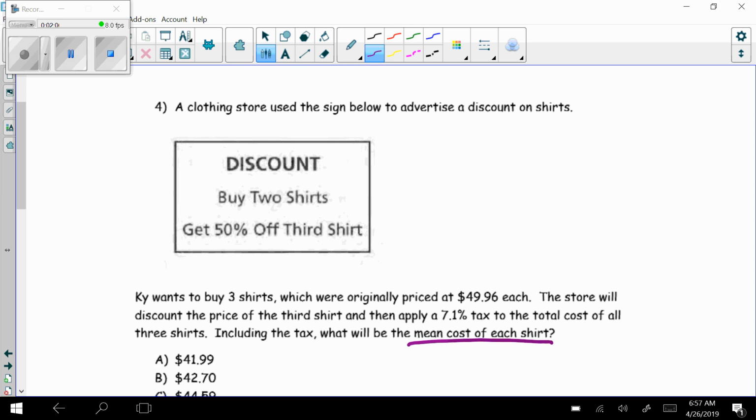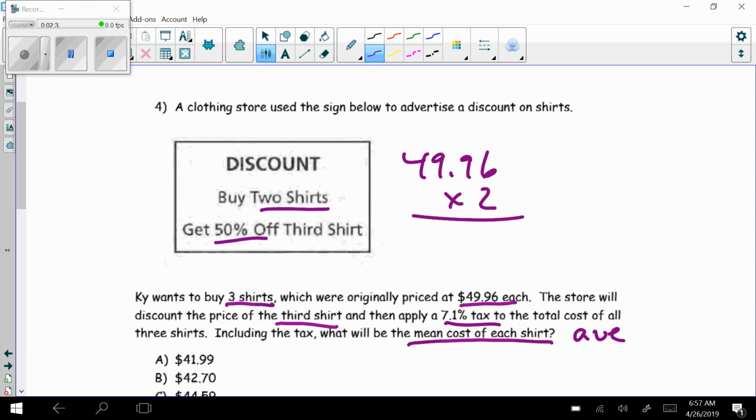All right, number 4. The mean cost of each shirt. Mean is the average. We've actually done this problem a couple times, except we haven't done it as far as finding the mean. So buy 3 shirts, $49.96 each. Discount the price of the 3rd shirt, and then tax. Buy 2 shirts, get 50% off. So $49.96 times 2.